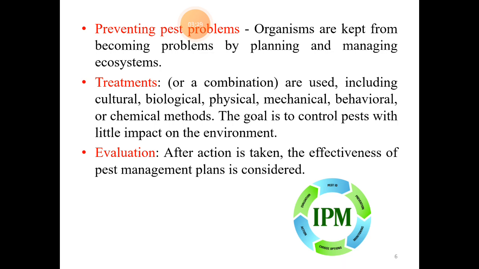The next is preventing pests by planning and managing the ecosystem. The next is the treatment stage, where different methods of control are combined against the pest. The last stage is evaluation, where the executed effective plans are studied and recorded for further usage in future.